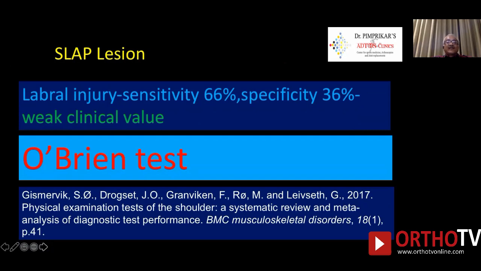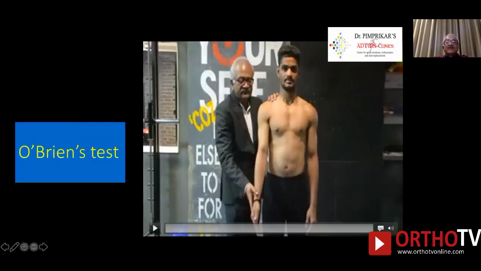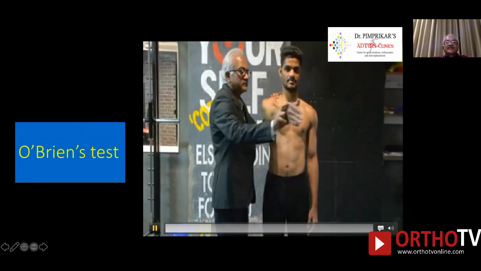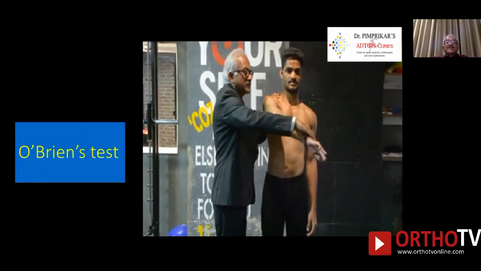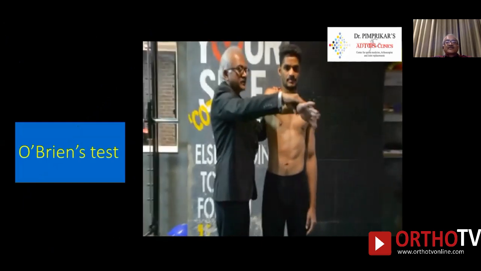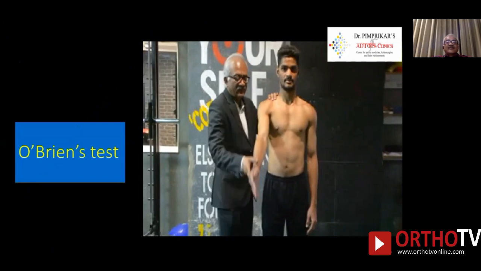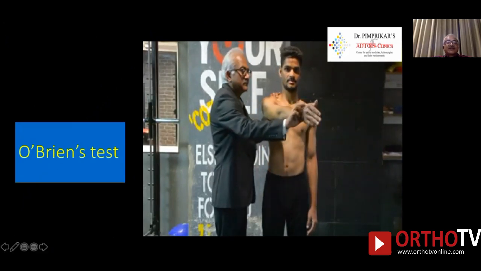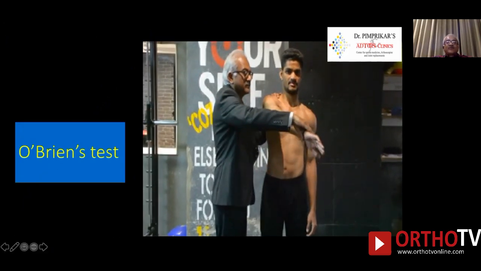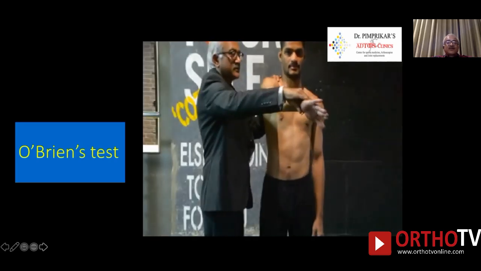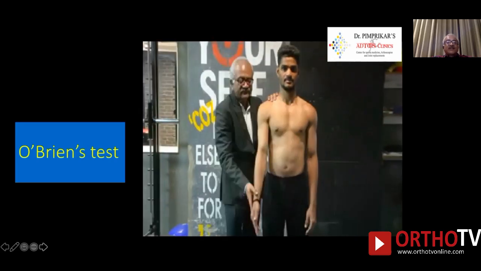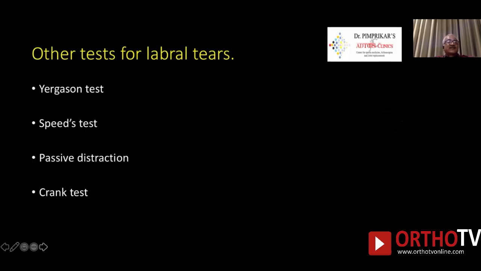The O'Brien test is done in a standing position where the hand is forward flexed to 90 degrees, adducted 10 degrees and internally rotated, and the patient is asked to push against the resistance. Here the pain or the click felt in the shoulder suggests that it's a positive clinical sign, and that would probably suggest that the patient has got a SLAP tear. Other tests for labral tears are Yergason test, Speed's test, passive distraction test, and a crank test.